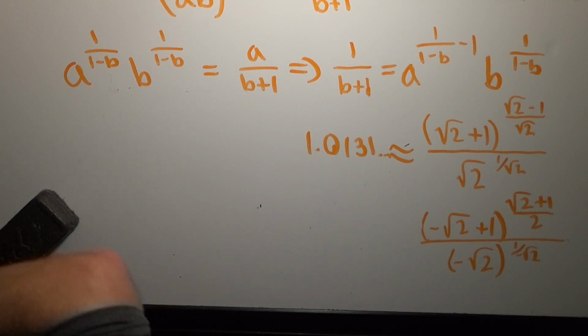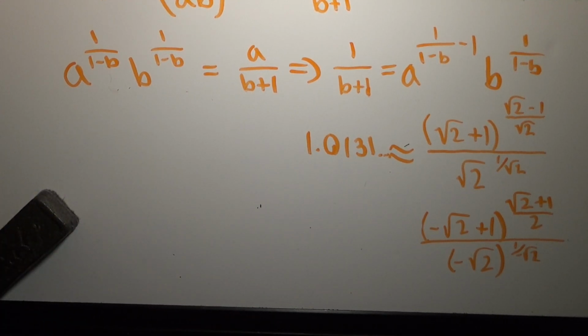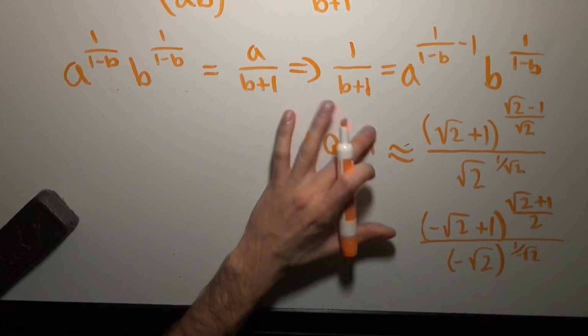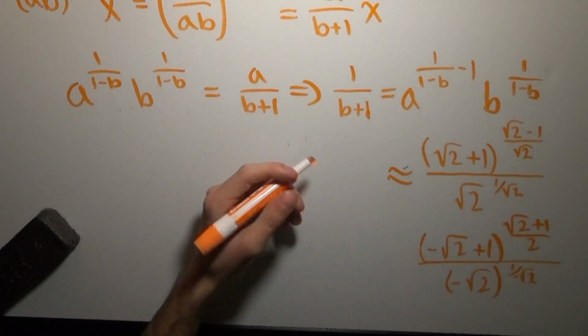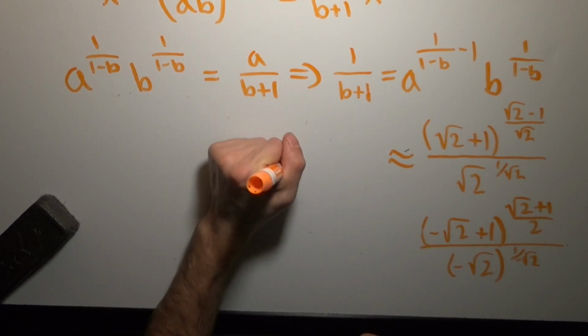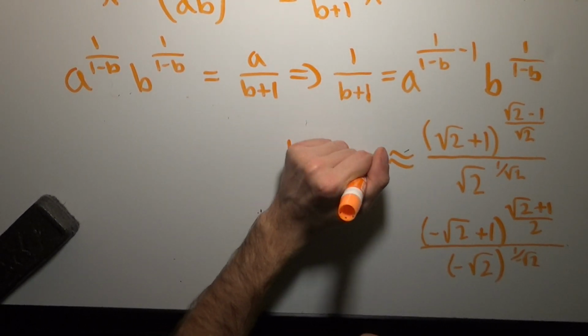And when we plug in negative square root of 2, we end up with a complex number, I believe. So this complex number would be an interesting coefficient, right? So the power would be negative root 2, and that would be fine for real numbers.